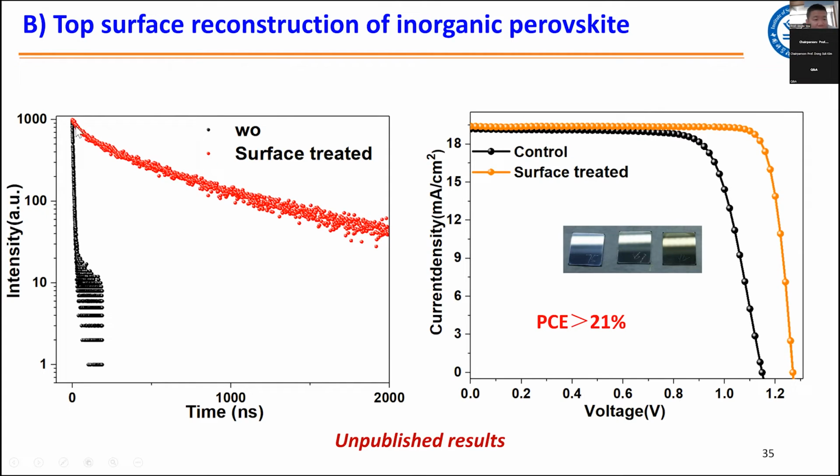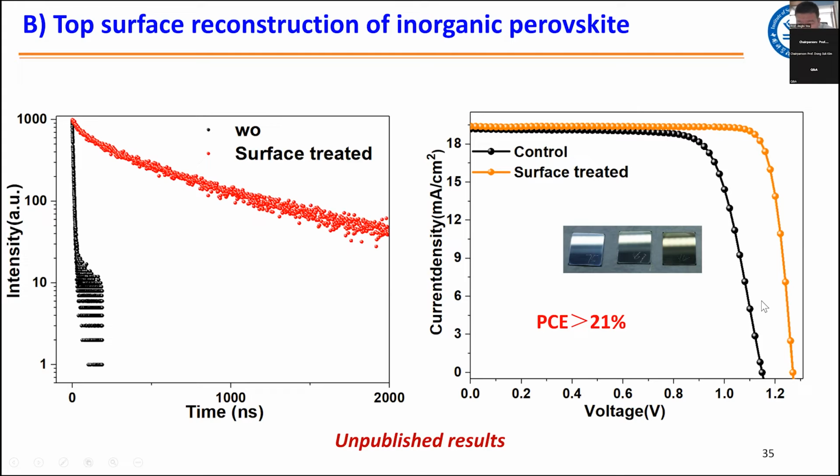So we found a new way to increase the inorganic perovskite's lifetime to 700 nanoseconds. Based on this method, if we treat the inorganic perovskite surface, we can form a new phase on the inorganic perovskite materials.